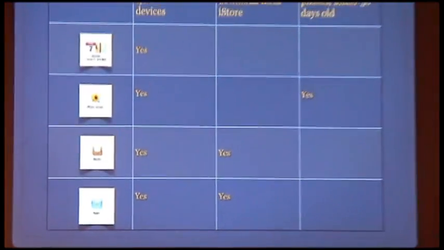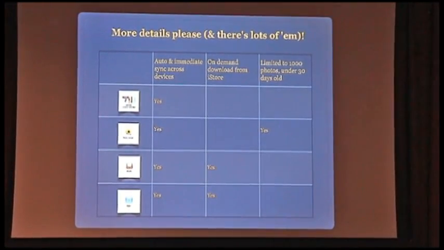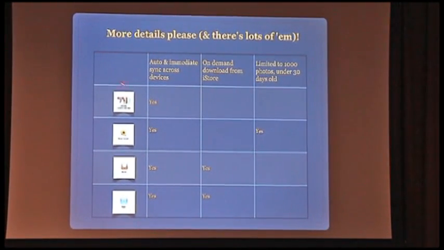So here we go. This is taking us into another layer. And notice up here, this is the part that Steve talked about, and this is also what he talked about. It's automatic, and it's immediate, and it syncs across all your devices, now including your PC or your Mac.